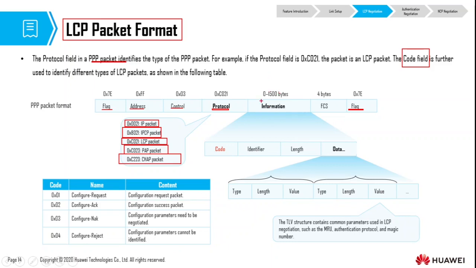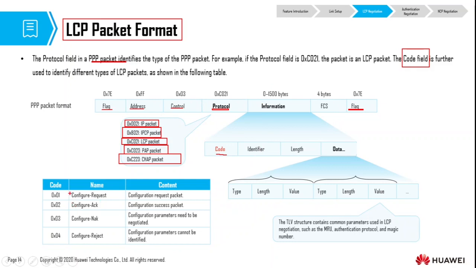Okay, then within the information field, it can go up to 1500 bytes, and normally we have subfields like the code field here. The code field is used to represent the specific packet that is being used on this particular packet.